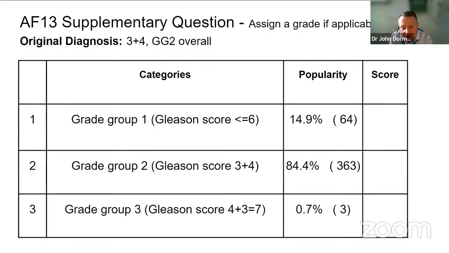I suspect the outlier is the grade group 3, which is 4+3 disease, because with a dominant pattern 4 disease, it would exclude the man from active surveillance, likely in most centres, whereas a small percentage of Gleason pattern 4 in grade group 2 wouldn't necessarily. One of the reasons why grade group percentages are now favoured for mentioning on reports.